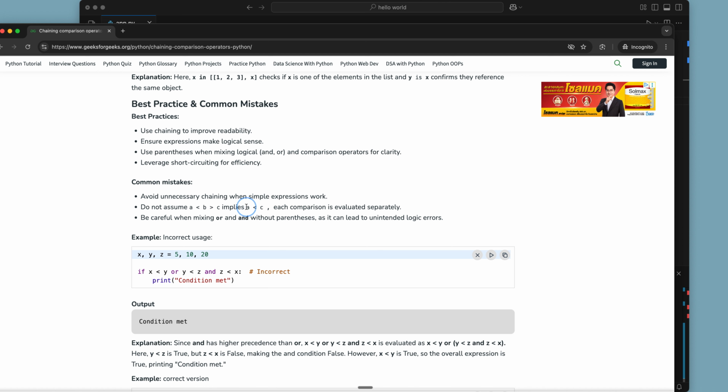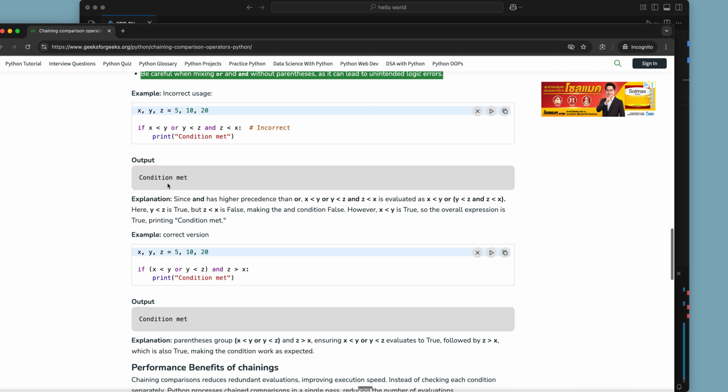But then A, if A is 2, is not less than C, which is 1. Alright. Be careful when mixing or and and without parentheses, as it can lead to unintended logical errors. I am sure I will run into these as I continue here.